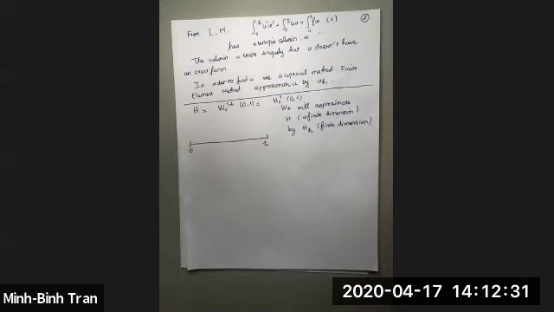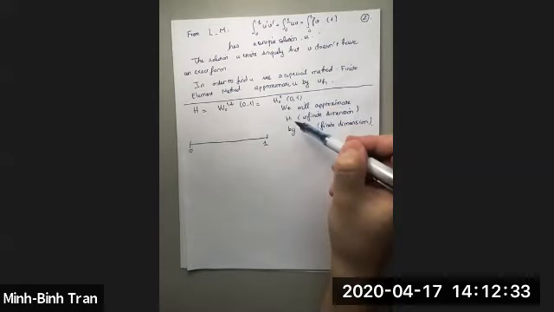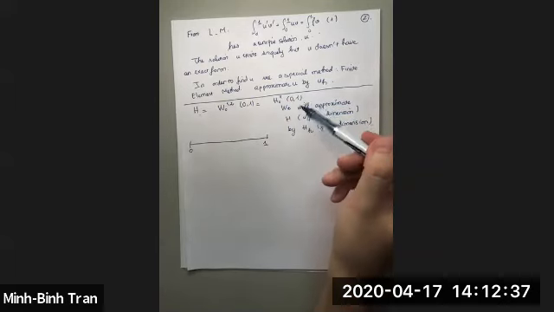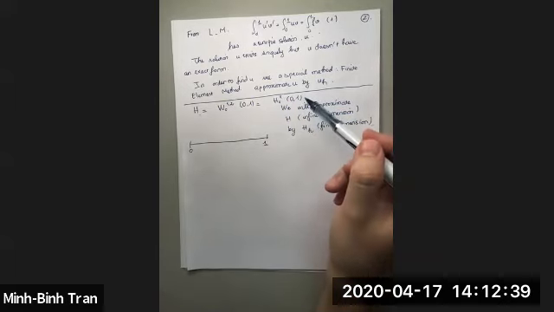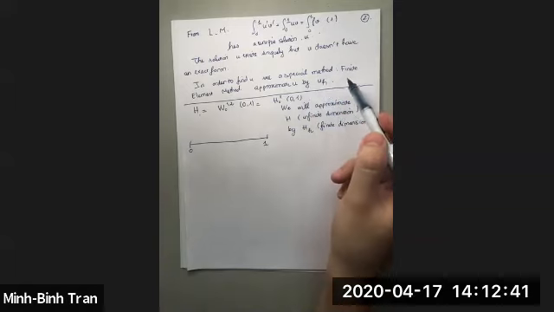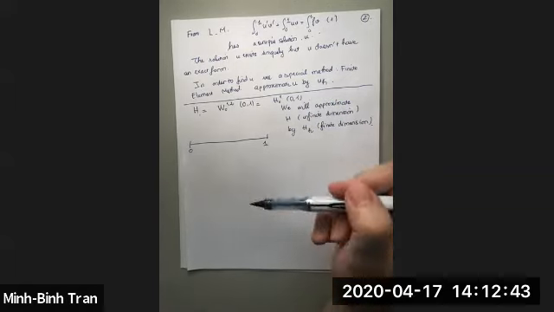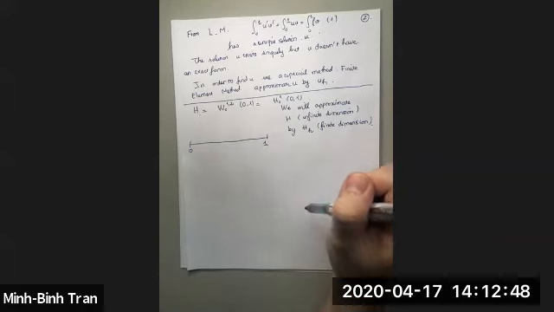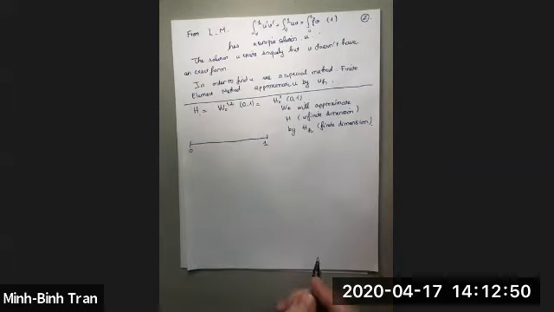Right? So the key idea is that you approximate this infinite dimension space, this Sobolev space, which is infinite dimension, by a finite dimension space. So the idea is the following.